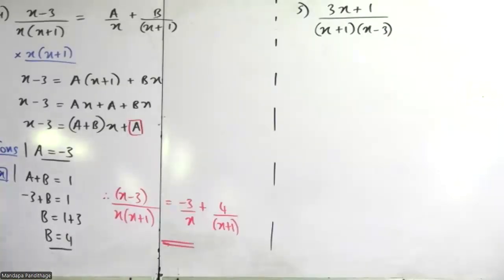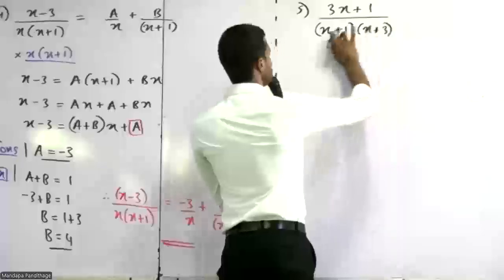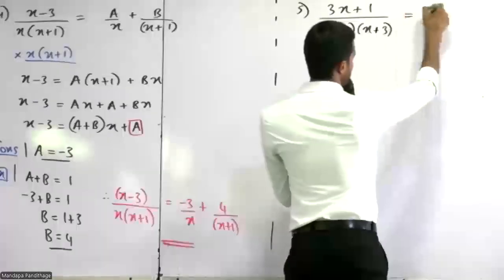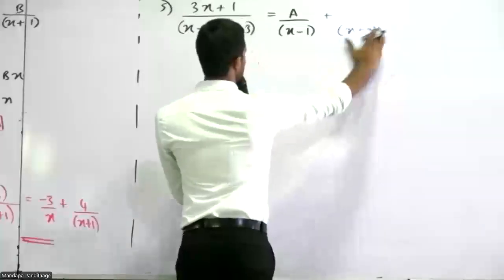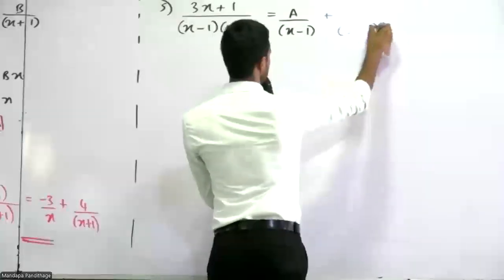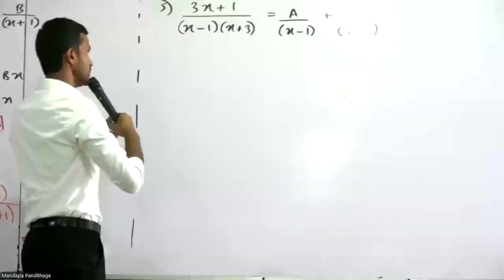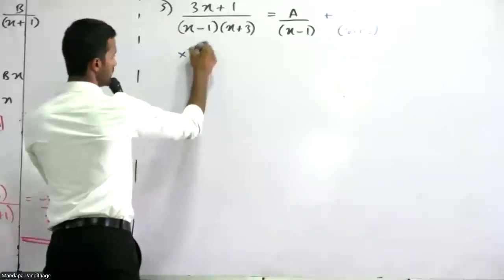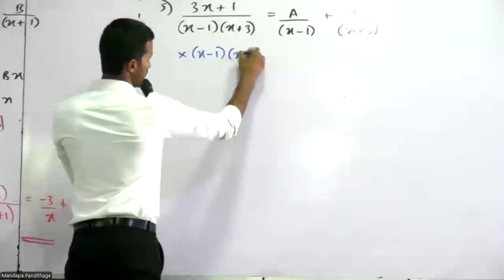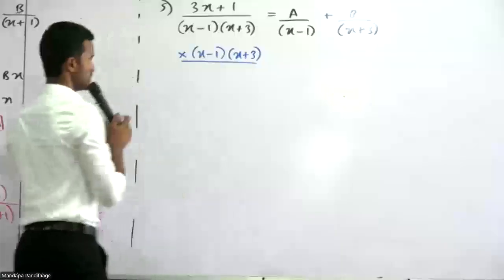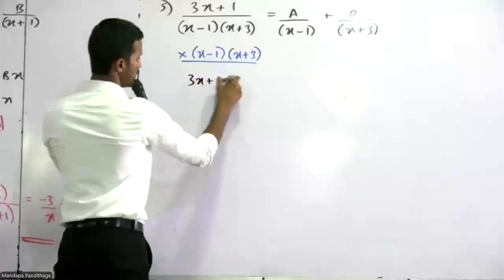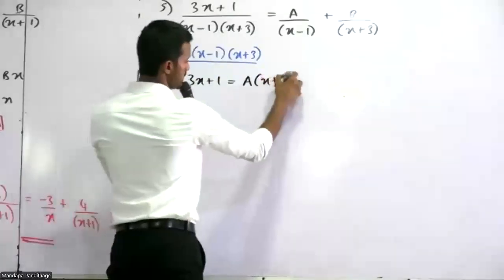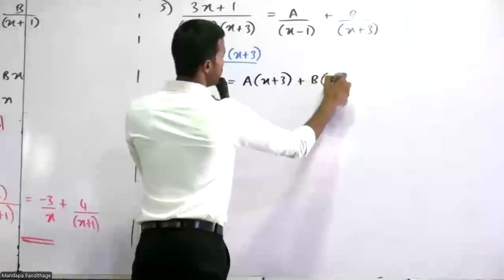So here it is a over x minus 1 plus b over x plus 3. So what we can do is we can multiply by the denominator x minus 1 into x plus 3, which gives me in the numerator 3x plus 1 remaining. Here a into x plus 3 and b into x minus 1.